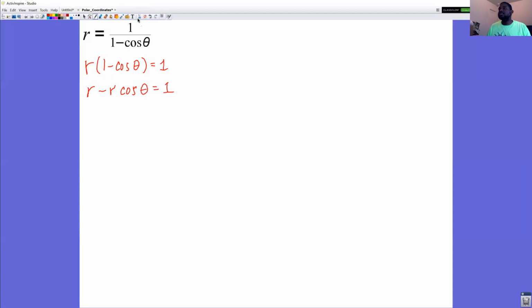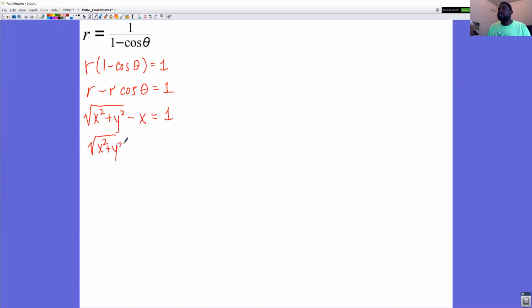equals 1. And now we know that r is actually square root of x squared plus y squared, and r cosine theta is just x. So now using algebra, we're going to add x to the other side.